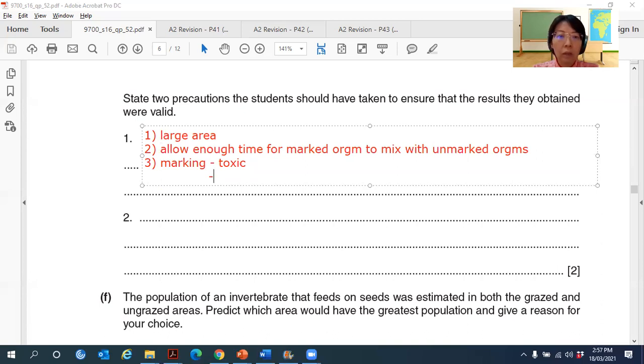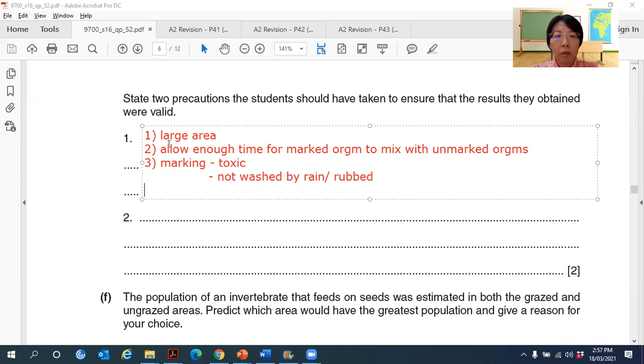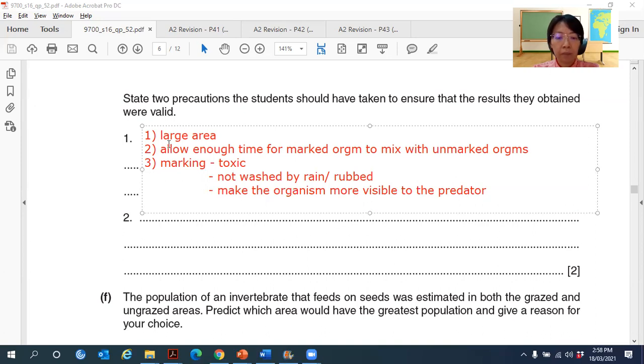Okay, you must make sure that it will not be washed by rain or rubbed away by the animal. You also must make sure that the marking will not make the organism more visible to the predator. Okay, so you must not affect the ability to survive by marking them.